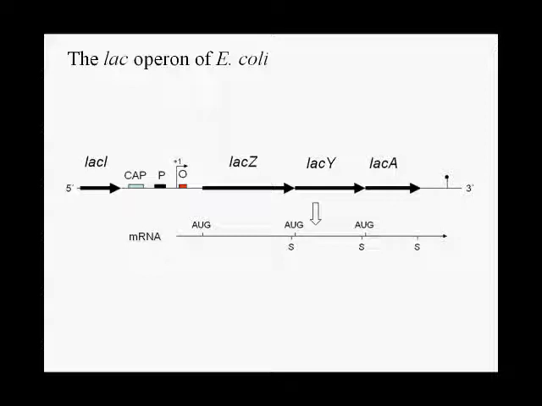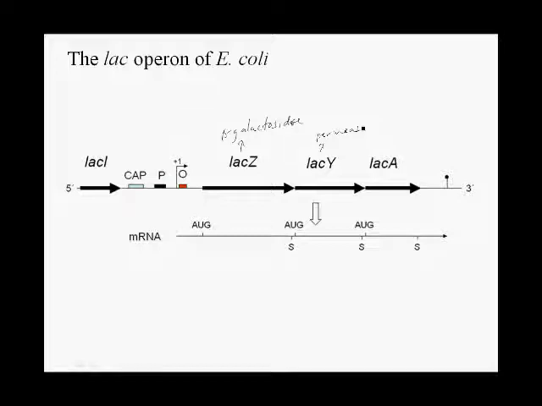So to understand this, we need to again take a look at the lac operon of E. coli. So lac-Z encodes the beta-galactosidase. Lac-Y encodes a permease, which is specific for lactose.